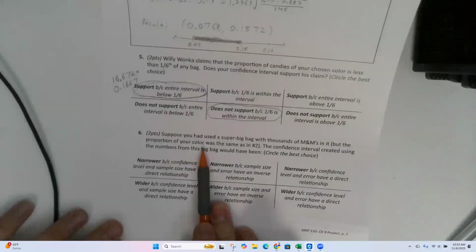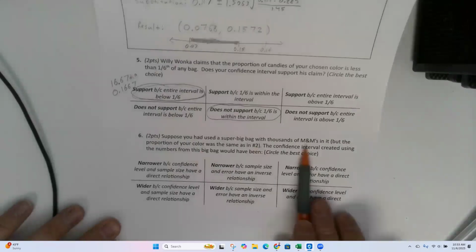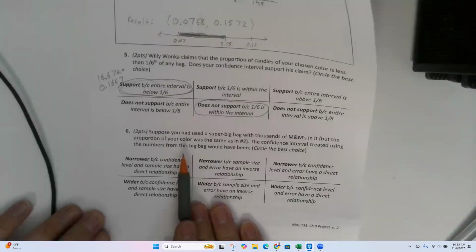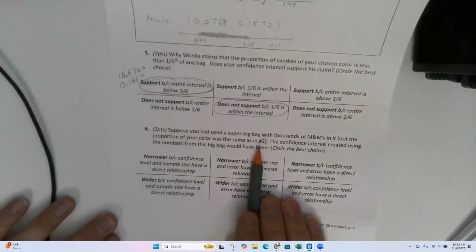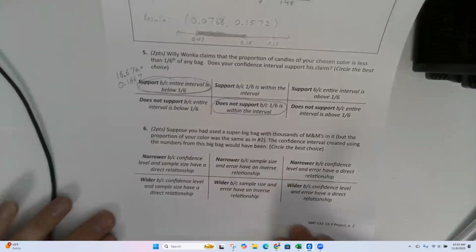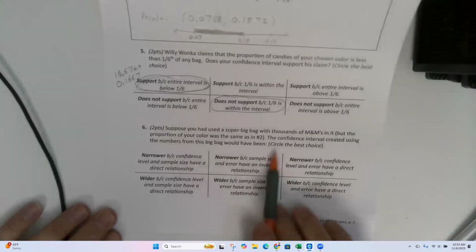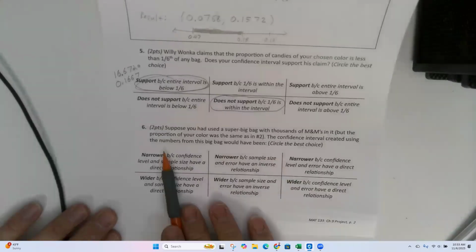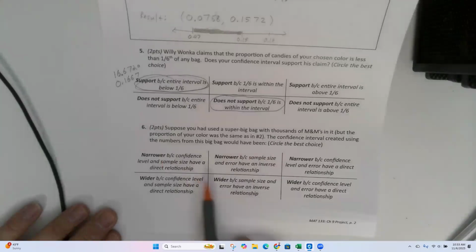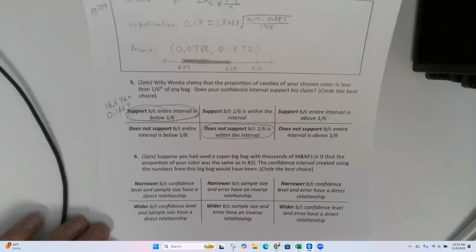All right, suppose you had used a super big bag with thousands of M&Ms in it. That sounds delicious. But the proportion of your color was still the same as number two, so still 11% for me. The confidence interval created using these numbers would have been narrower or wider. So how do I know this?